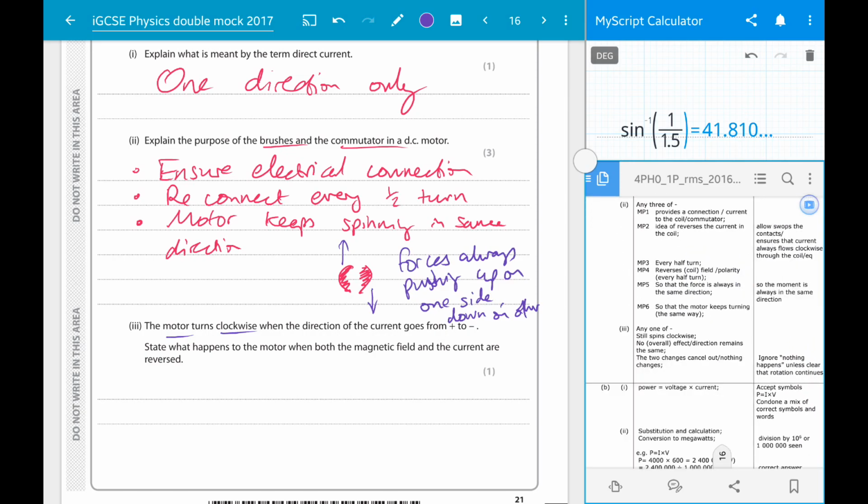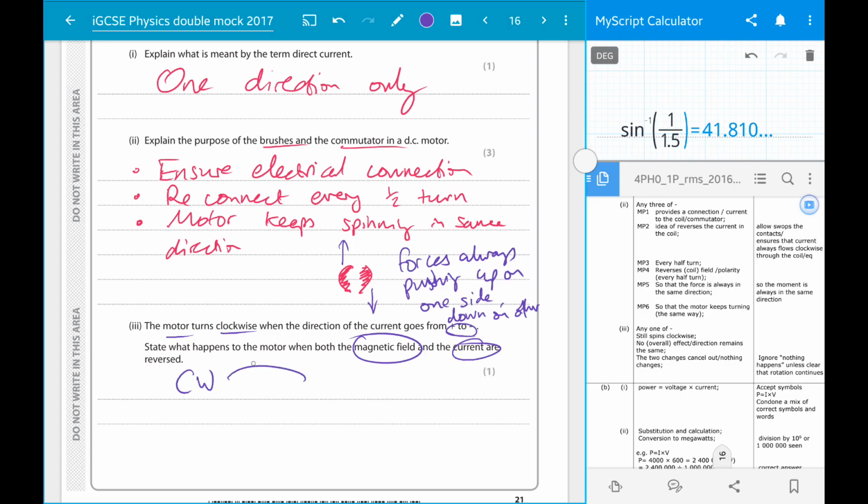For the next part, the motor turns clockwise when the direction of the current goes from positive to negative. So it starts off going clockwise. What happens to the motor when the magnetic field and current are both reversed? Well, if it's going clockwise and then you swap the positive for the negative and the negative is positive, it's going to go the other direction.